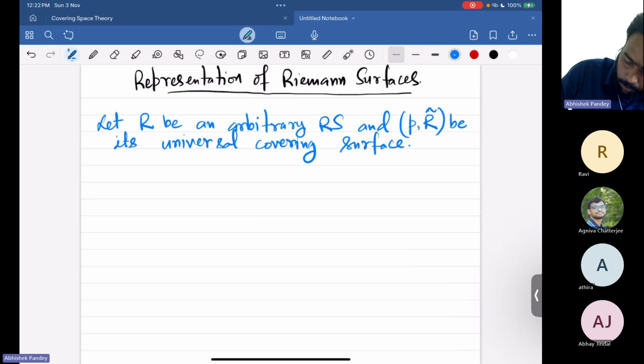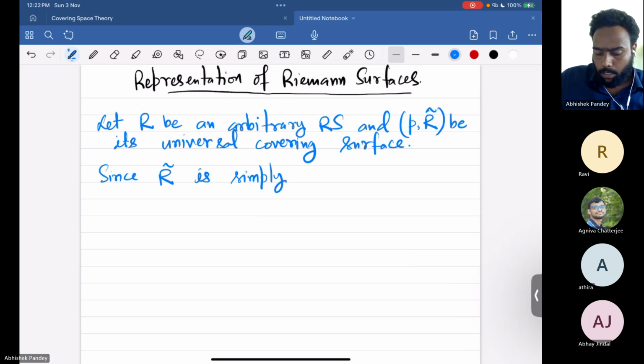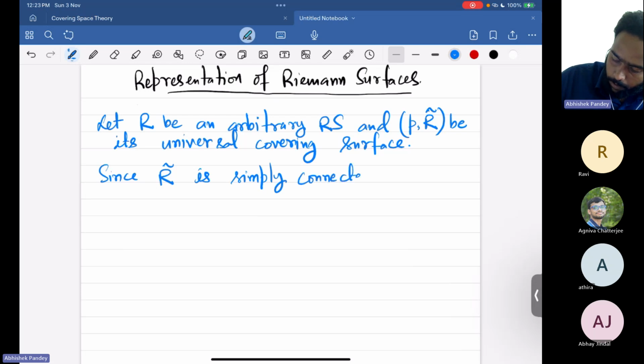One more thing: all these things, like R tilde, are basically topological spaces, and the property of simple connectedness for topological spaces is defined by a trivial fundamental group. Maybe I will cover that later, but keep it in mind.